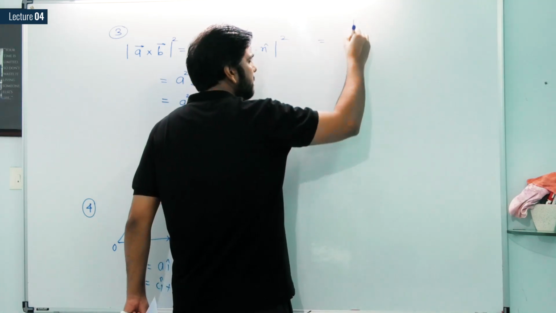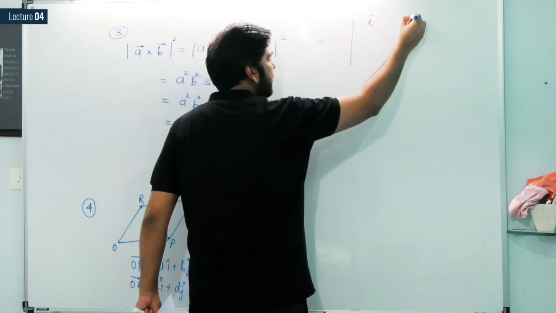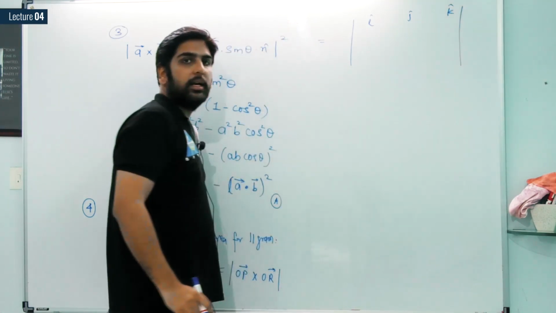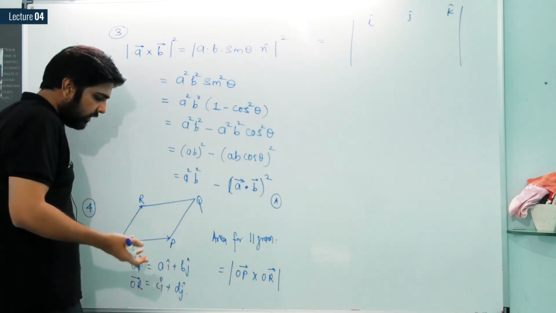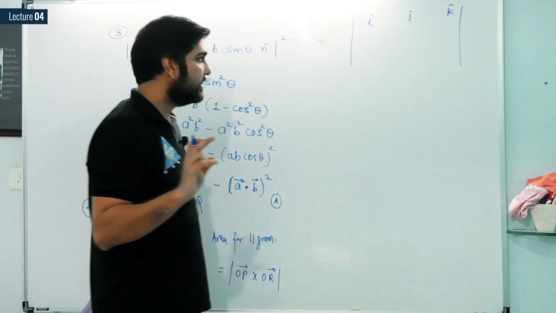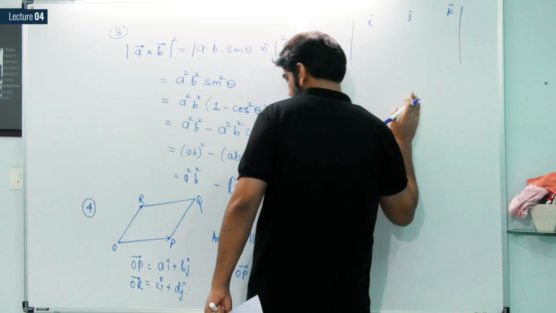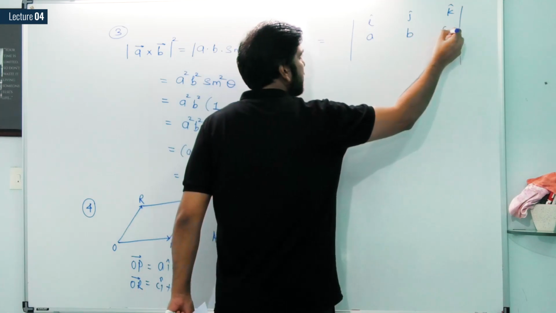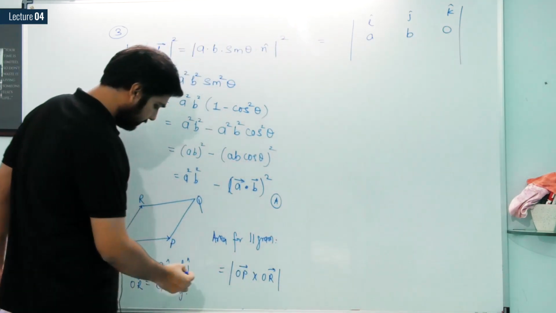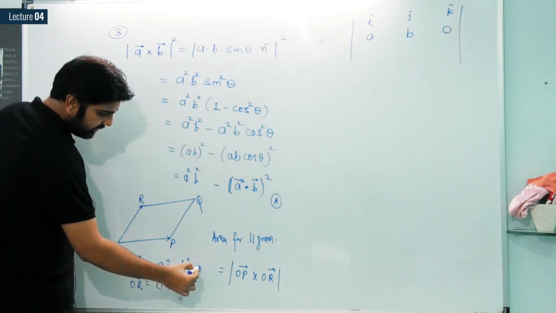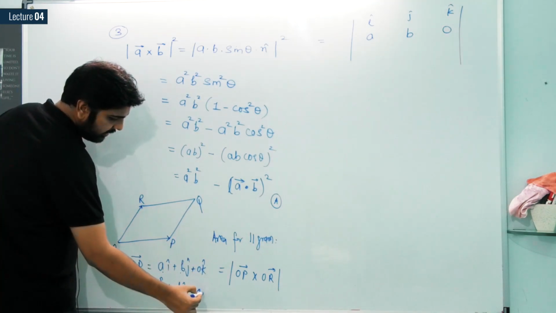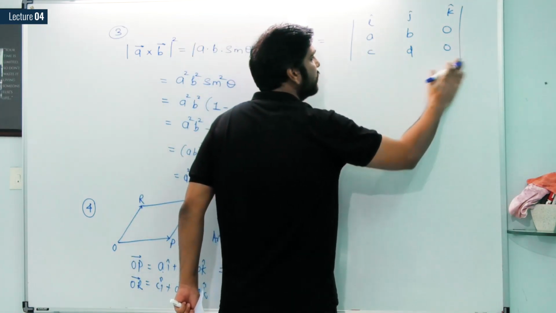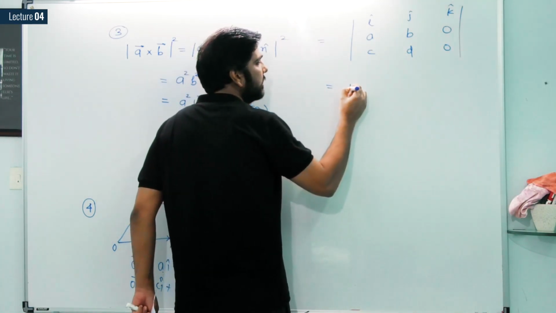So I am writing i, j and also k. Do not forget to write k. If you are saying, sir, there is no k here, so how can we write k? But yes, remember, i, j and k, all 3 are very important. So a, b and 0 k cap is the OP, and c, d and 0 is OR. I am writing c, d and 0 here. Fine.